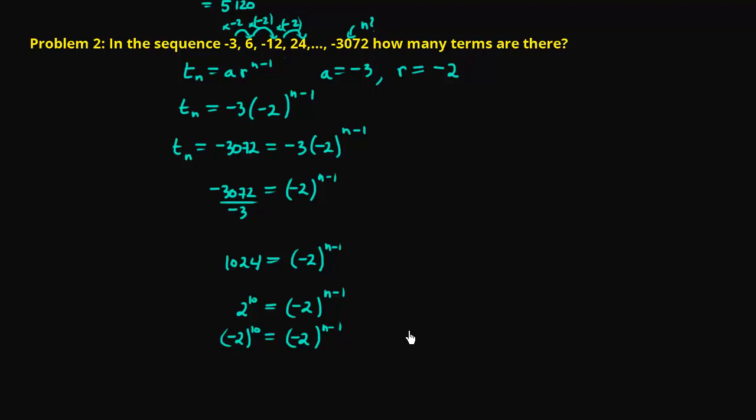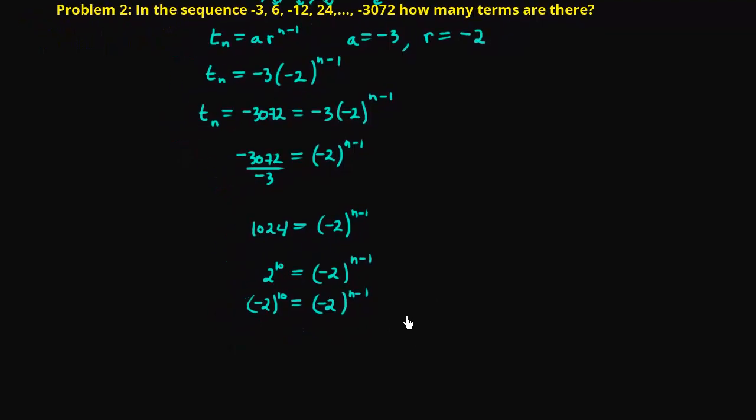Now that the bases are the same, we can equate the exponents, and we have that 10 is equal to n minus 1. And thus, solving this equation, we have that n is equal to 11. So, therefore, there are 11 terms in the sequence.